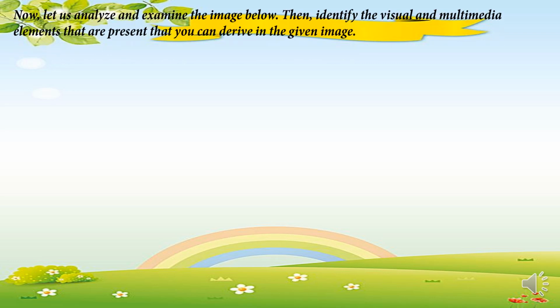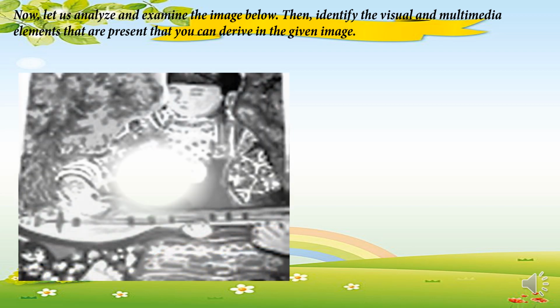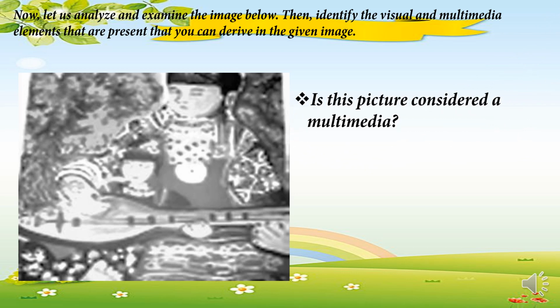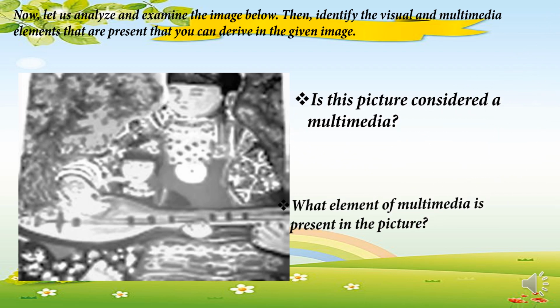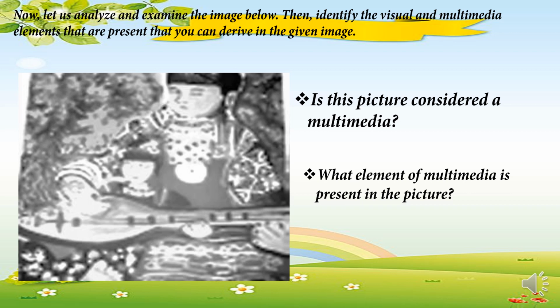Now let us analyze and examine the image below. Then identify the visual and multimedia elements that are present that you can derive in the given image. So here is the image. Is this picture considered a multimedia? And what elements of multimedia are present in the picture?